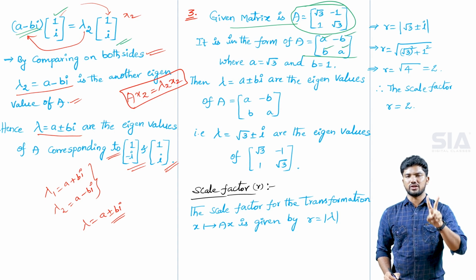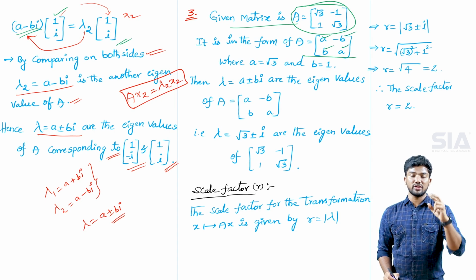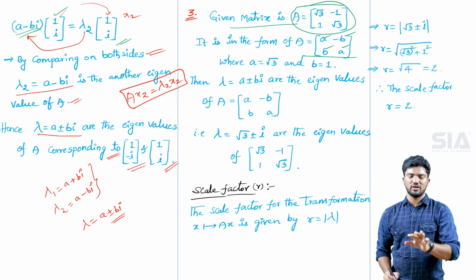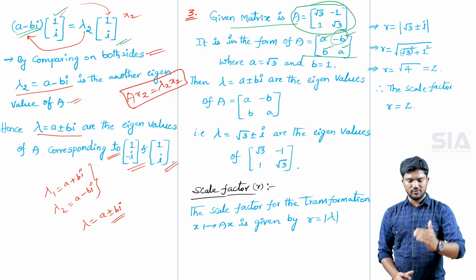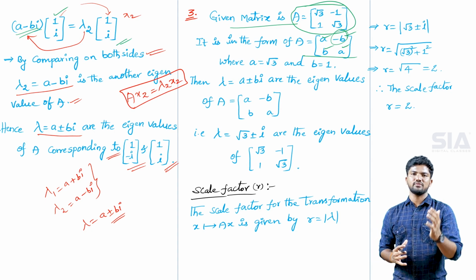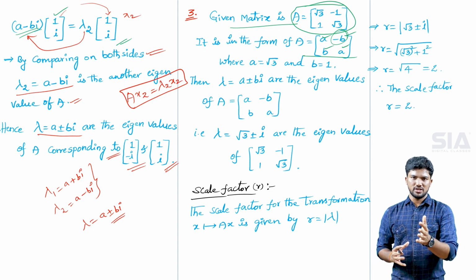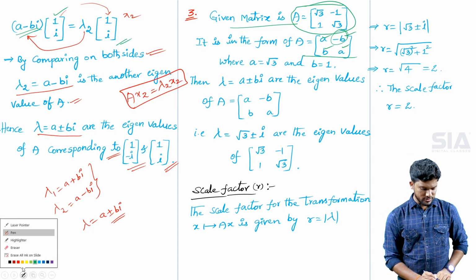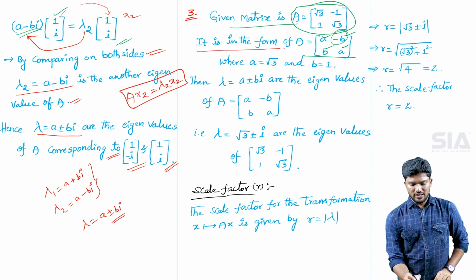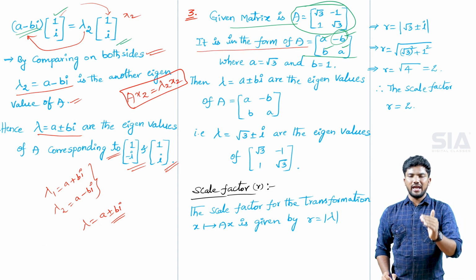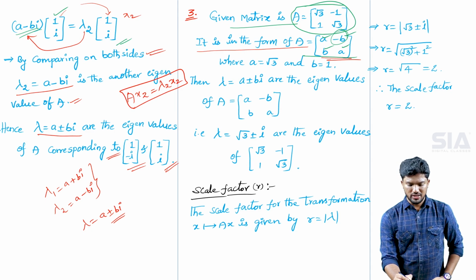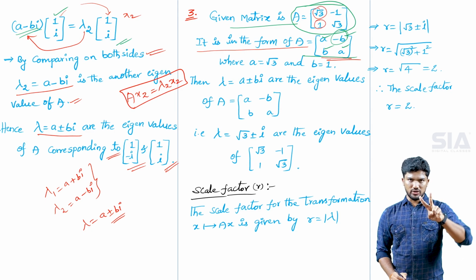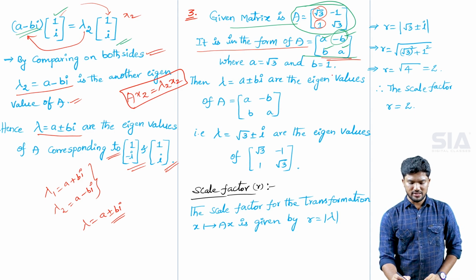There are only two elements in that matrix. Of those two elements, two are equal, and one of them has a minus sign. So if you compare with that matrix, instead of doing all that regular process, determinant of A minus lambda I equal to 0, we can directly write here. You can observe clearly, it is in the form of capital A is equal to a minus b, b a. So we can see that here only the values root 3 and 1, only two values, are in the place of small a, b.